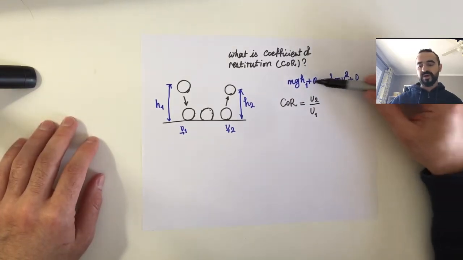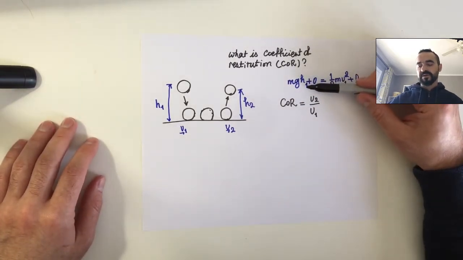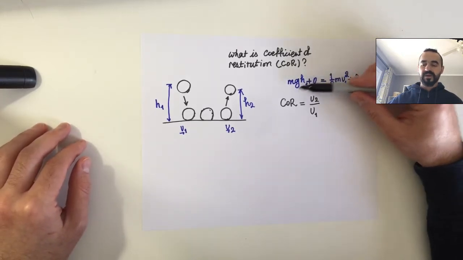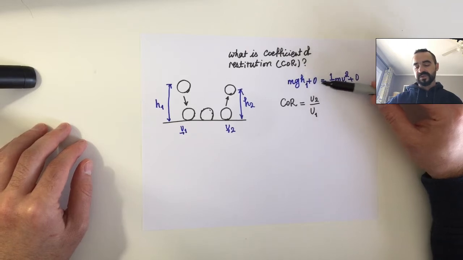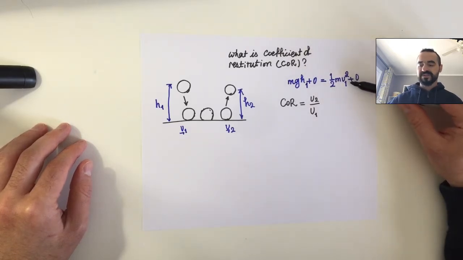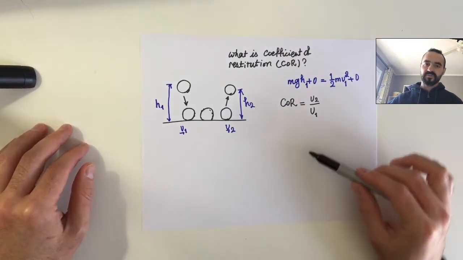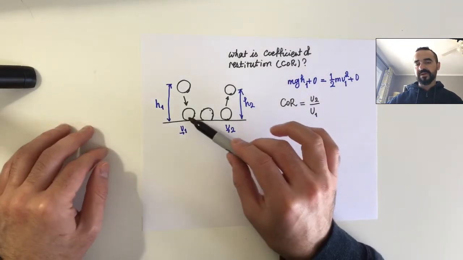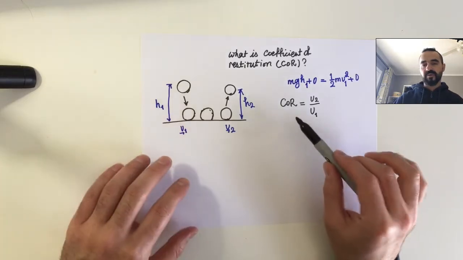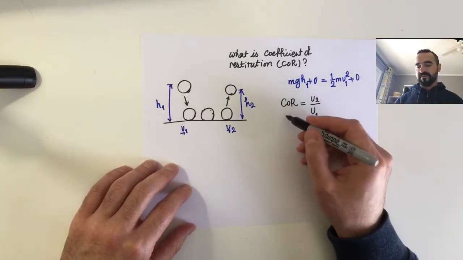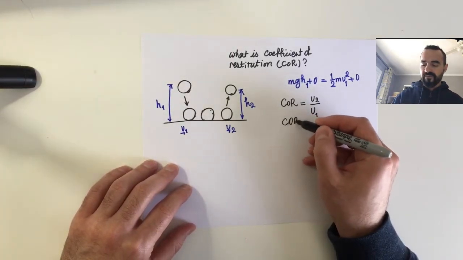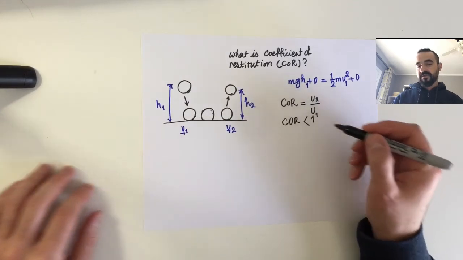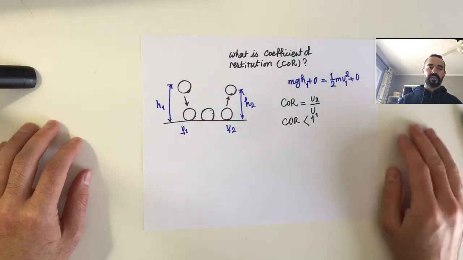Because we know that this velocity is related to this height. So for the height to be smaller, this velocity has got to be smaller. So the bouncing off velocity is smaller than the drop velocity at this point. Therefore, the coefficient of restitution is less than 1. All right.